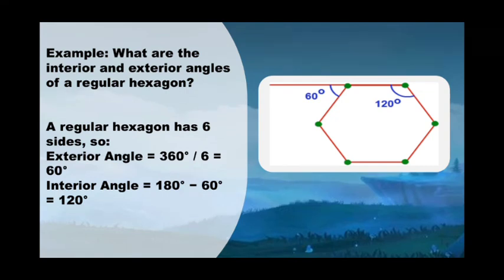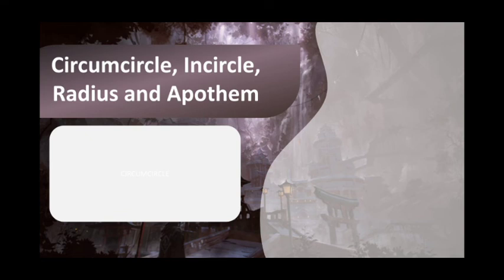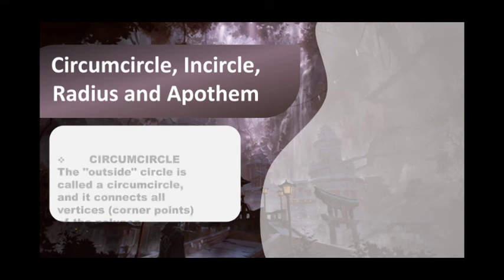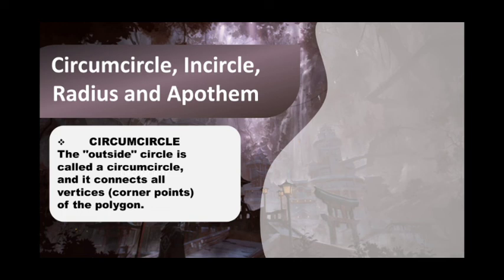So sunod naman nating pag-uusapan is ang circumcircle, incircle, radius, and apothem. So circumcircle is the outside circle is called the circumcircle, and it connects all vertices, corner points of the polygon.